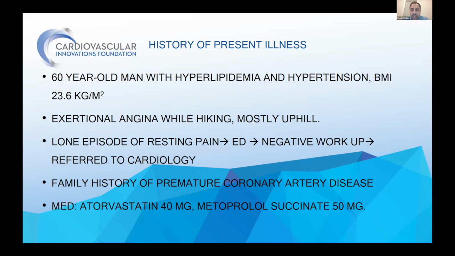Had one episode when he had resting chest pain that took him to the emergency room, and they did cardiac biomarkers, silent EKG, and they discharged him from the emergency room to follow up with a cardiologist. Had the family history of premature coronary disease, and he was already on atorvastatin and metoprolol given to him by his cardiologist. He's allergic to aspirin with an anaphylaxis. This is a true allergy to aspirin.